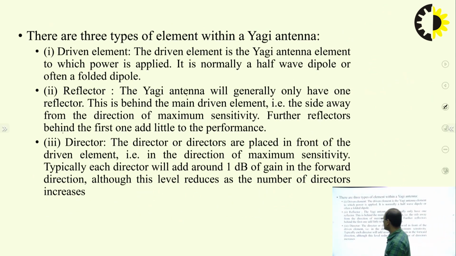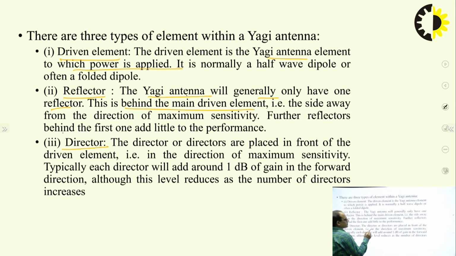So there are mainly three types of elements, which I have already told you. The first one is the driven element, to which the power is applied. Another one is the reflector. This YAGI antenna will generally have only one reflector, placed behind the main driven element. Clear? Next one is the director.